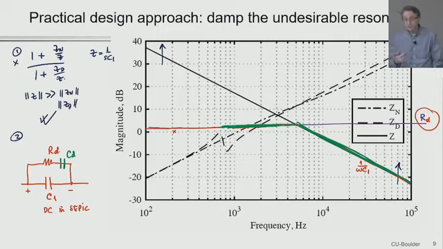Now, at some point, we have to have this CD effect present. What happens at low frequencies with this network? How does it behave at low frequencies? CD becomes much larger than RD, so it swamps RD. So in that series combination, you will have just CD, and then it's in parallel with C1. So at low frequencies, we have the behavior of a parallel combination of CD and C1.